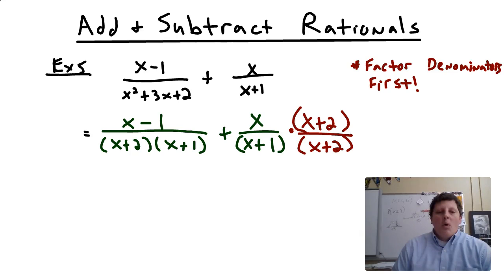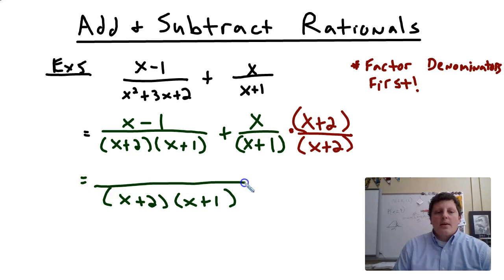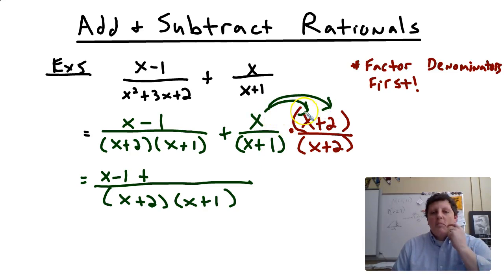From here, I want to keep the denominator factored, so it's going to stay x plus 2 times x plus 1. Remember, when you add, once you get a like denominator, that's the answer. In the numerator, I'm going to work this out a little bit. I've got x minus 1 on the left plus, and then I'm going to distribute this x into the x plus 2 that I multiplied up here.